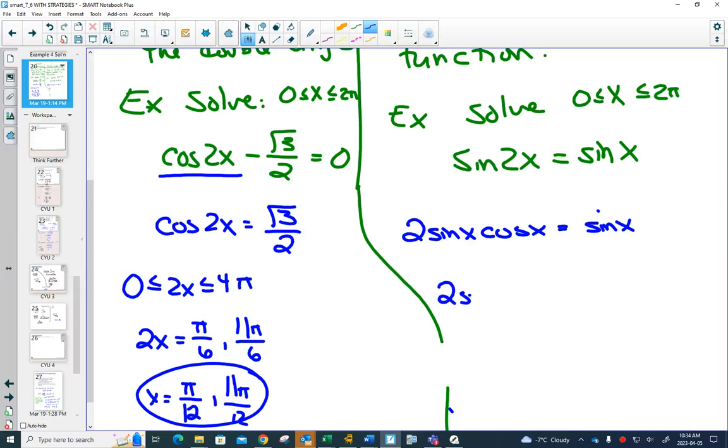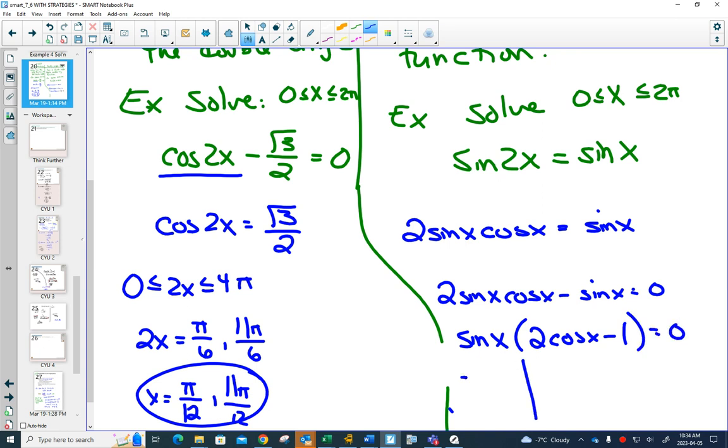But first of all, I'm going to move everything over to one side and make another side equal to 0. I have a common factor of sine. So I would get sine x is equal to 0 and cos x is equal to a half.